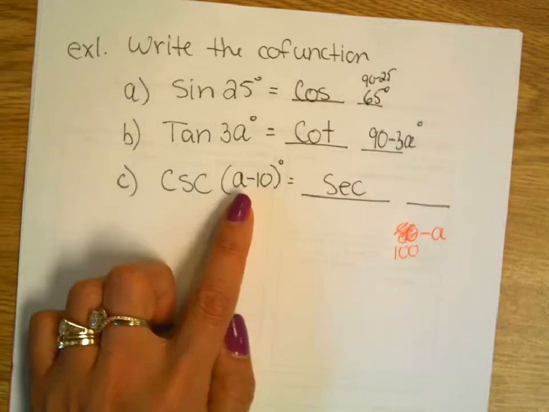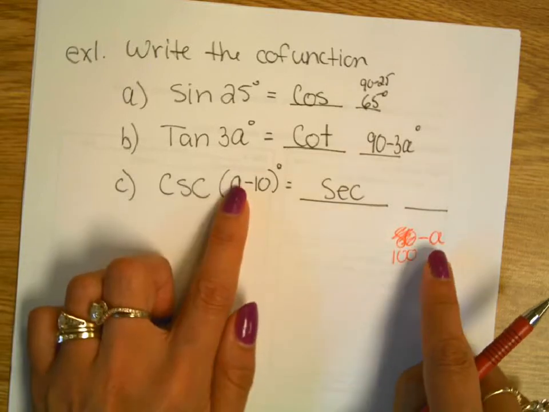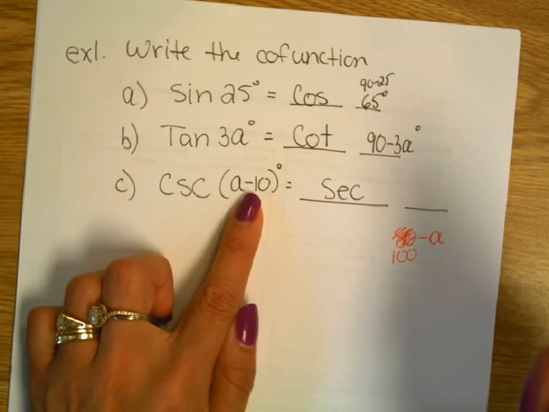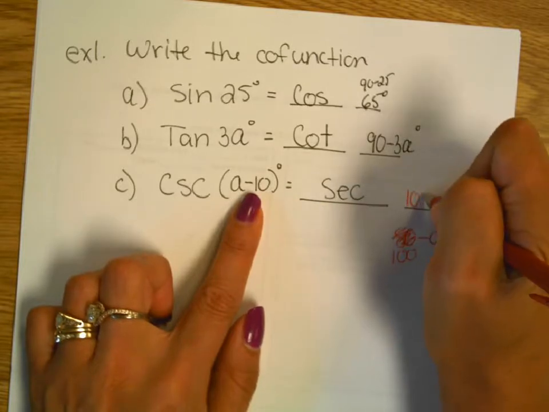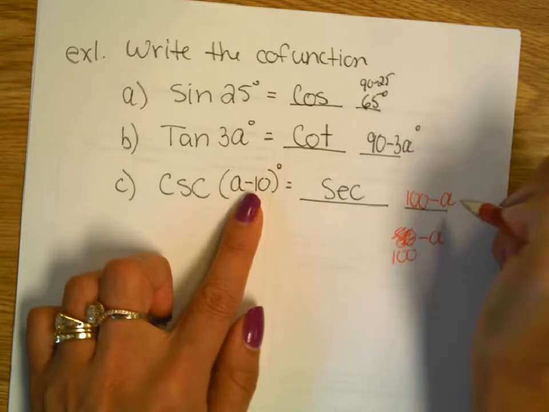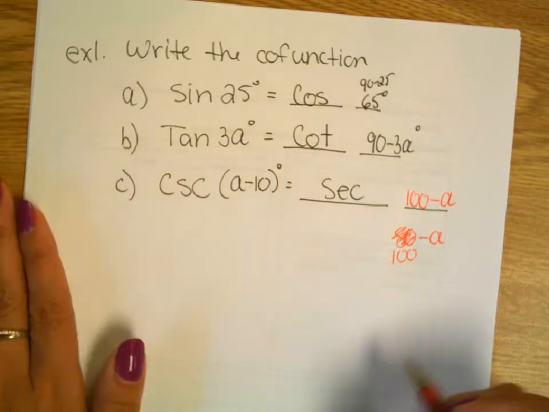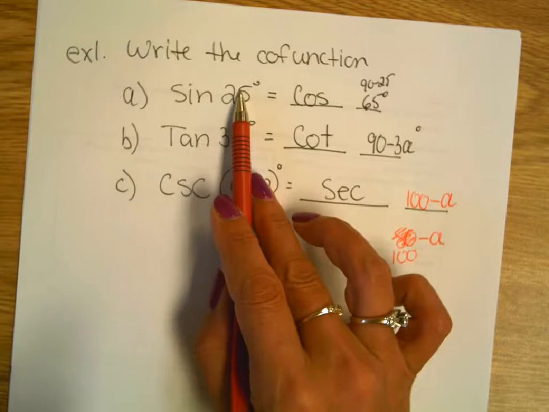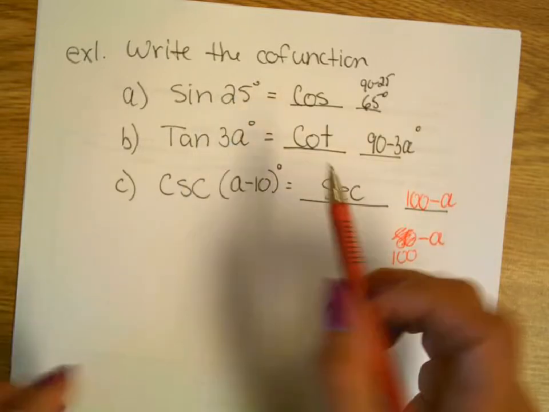So you can think about it logically, thinking, okay, I've got to cancel out my a and end up with 90 when I add a negative 10. So that's 100 minus a. Or we could just do 90 minus this angle, because that's the same thing we did. We did 90 minus 25, 90 minus 3a.